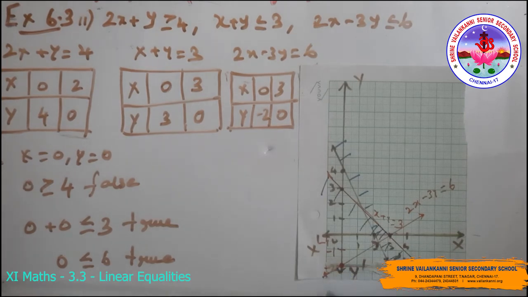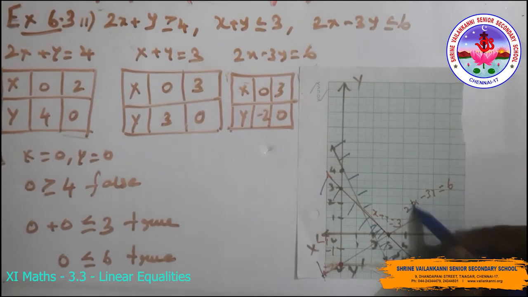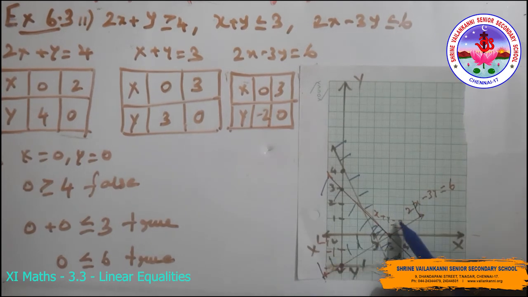That is, it lies towards the origin. So the common region of these 3 inequalities is this region. Hence the solution of the given system of linear inequalities is represented by the common shaded region, including the points on the respective lines.